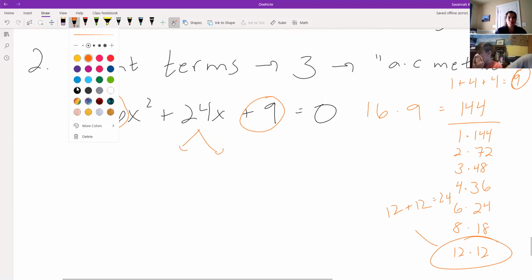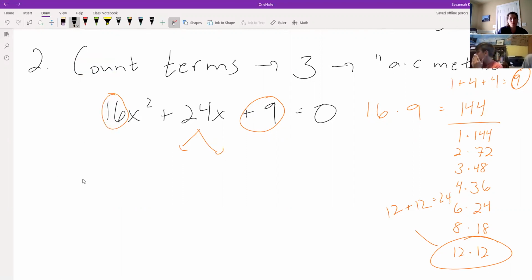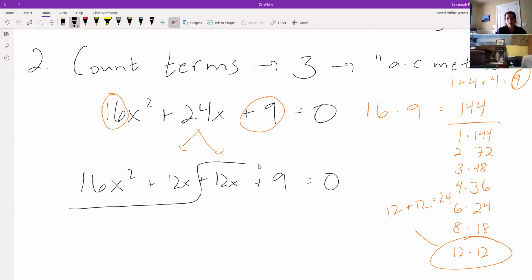So that's what I meant about this problem taking a little more work than the last 2 that you did. We had one like this in the notes on Tuesday's class where I think it was 100 that we were factoring and 10 times 10 were the magic pair of factors. Okay, so there we've expanded.